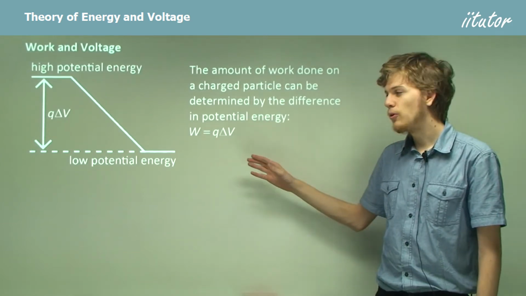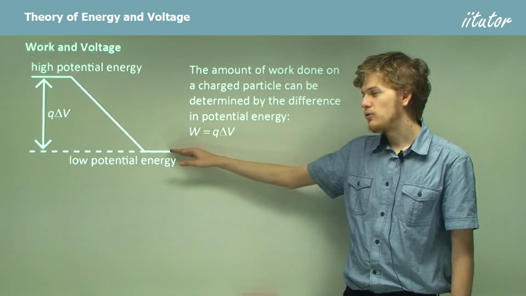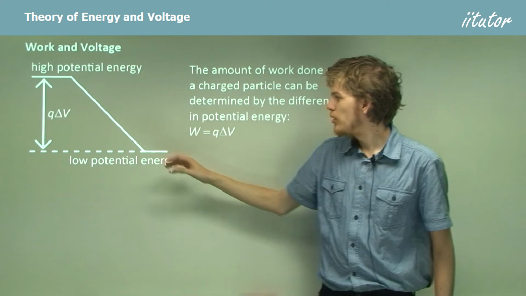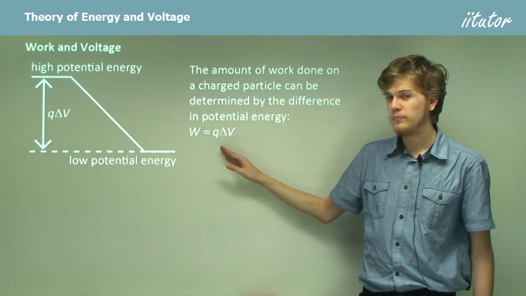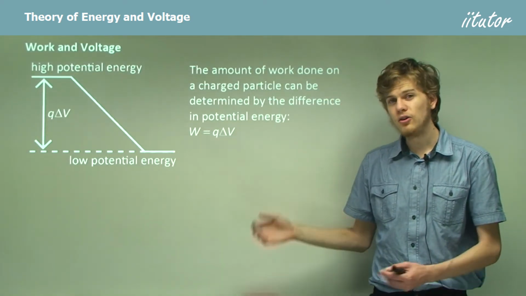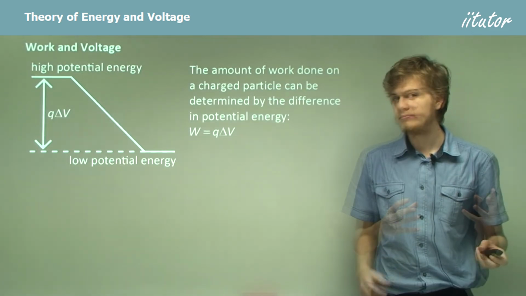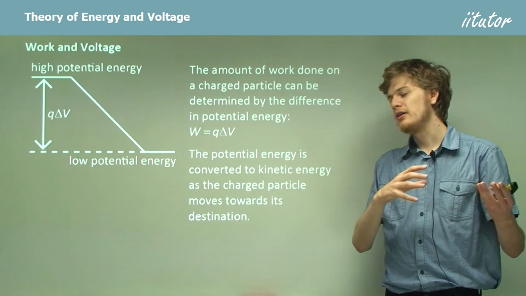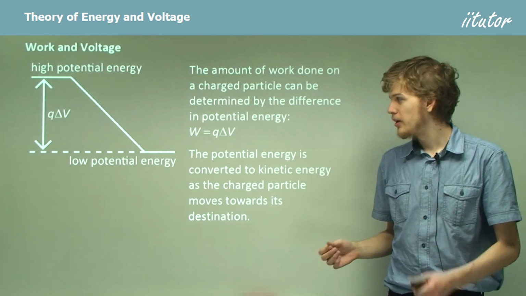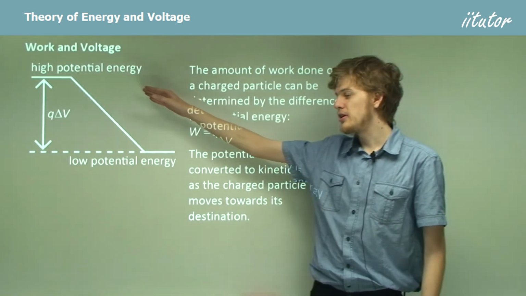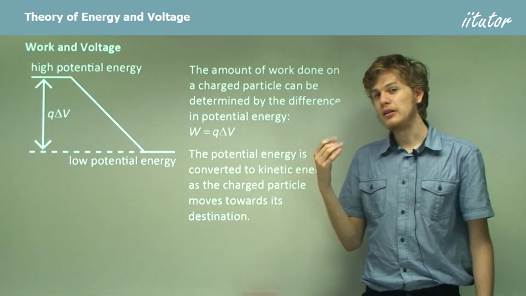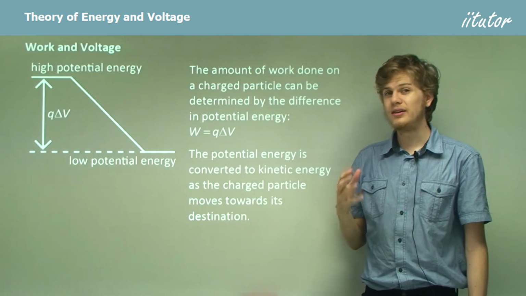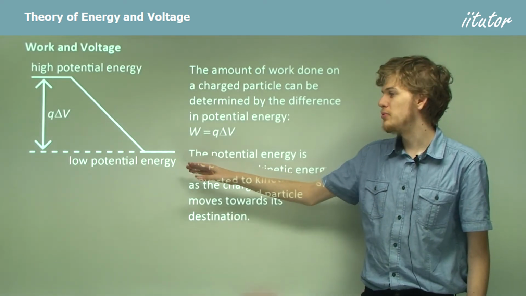That means that if we want to move a positively charged particle from the low potential up to the high potential, we have to expend this much work, where delta V is the height of the potential hill that we're climbing up. The potential energy is converted into kinetic energy when we're going towards its destination. So if our particle has very high potential energy and we let it go, then it will roll down the hill and gain kinetic energy while it loses potential energy.